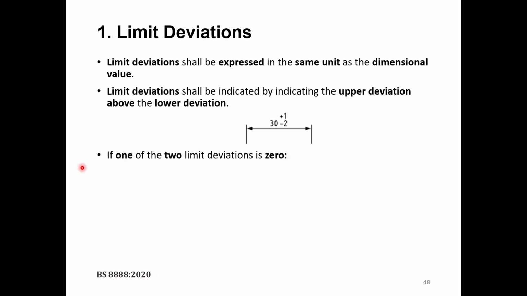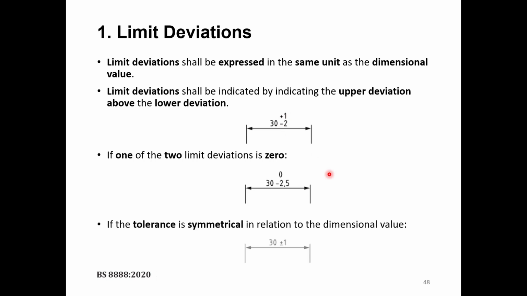If one of them is zero, similar to the hole-based system where the lower deviation was zero and the lines were identical, you still need to include this, saying that 30 is your basic size, 0 is the upper deviation, and -2.5 is the minimum deviation. They all have the same unit. So if 30 is in millimeters, it's +1 mm, -2 mm.